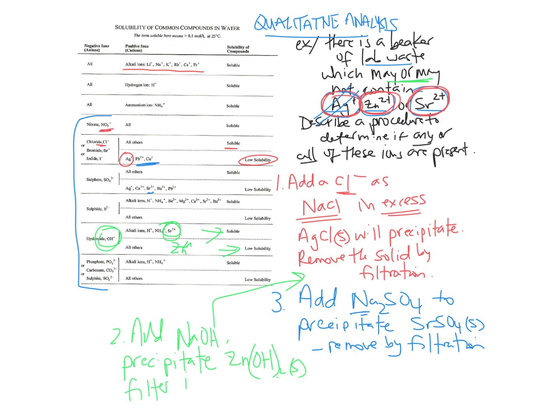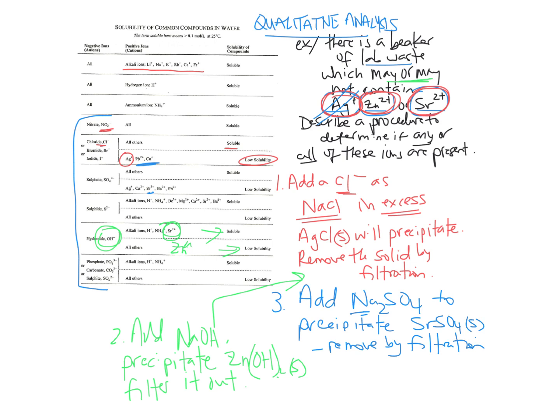So it has to be 1, 2, 3 in that order, because if we did the strontium first, there wouldn't be anything left that would isolate the other one. Well, what could we have done? Could we have done the hydroxide at the end? Well, in theory, we could have done the hydroxide at the end.